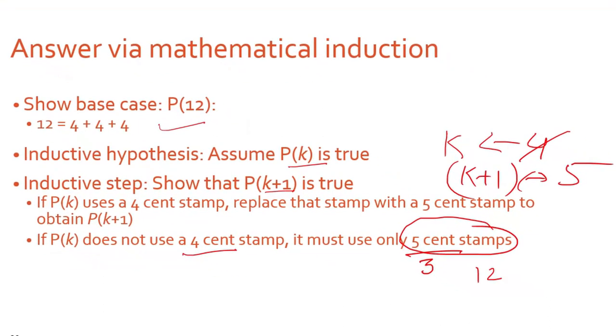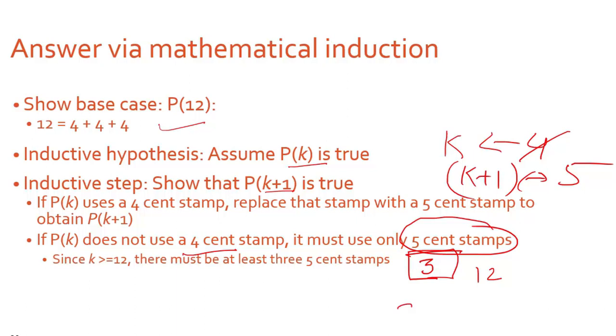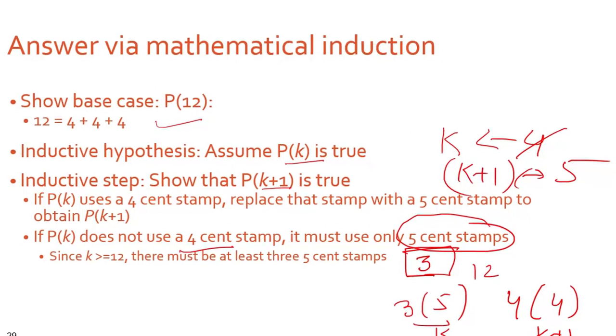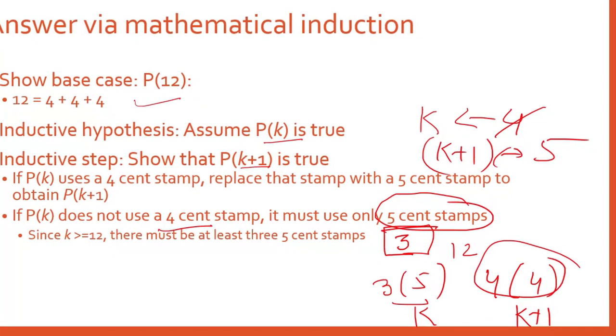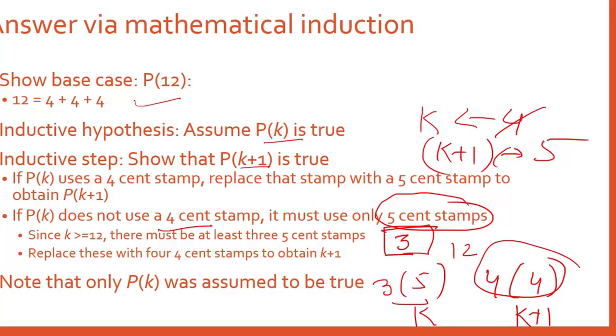In that case, we can replace three 5 cent stamps by four 4 cent stamps, because if k is formed by this amount, then k plus 1 can be formed by this amount. So we can say that P of k plus 1 is also true. Hence, by the principle of weak mathematical induction, our statement is true.